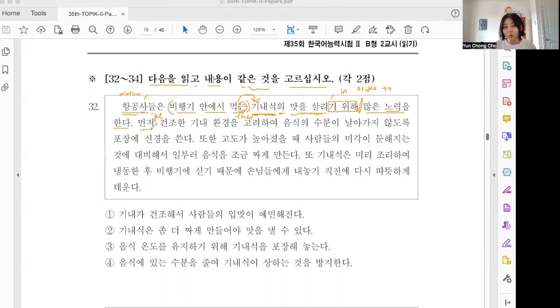먼저, first of all, 건조한 기내 환경을 고려하여서, actually, 서 is missing in this sentence. 고려하여서, usually with 여, 서 is missing. So, 서 is because, or and then, depending on the context.